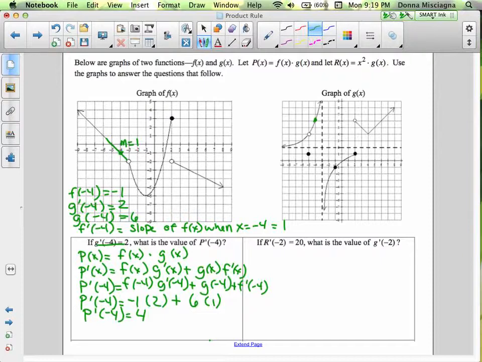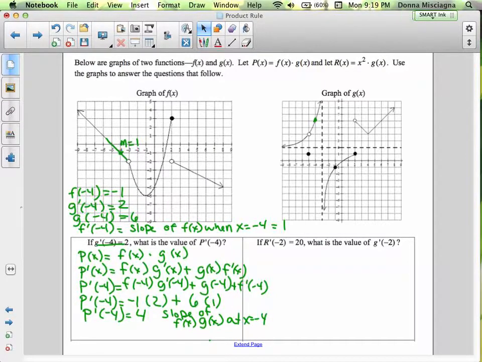So that's the slope of f of x times g of x at x equals -4. Let's take care of the second one here. We want r prime of -2.